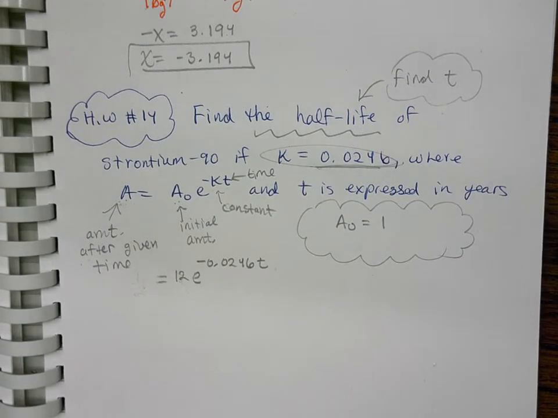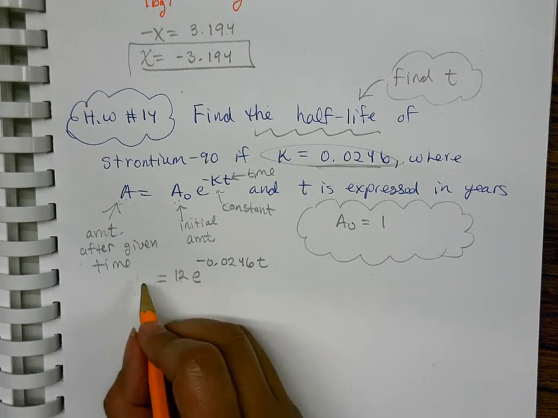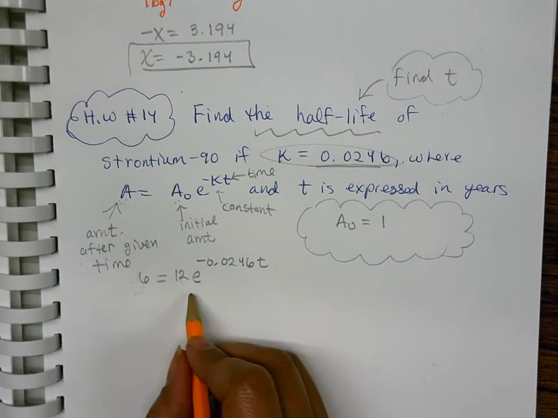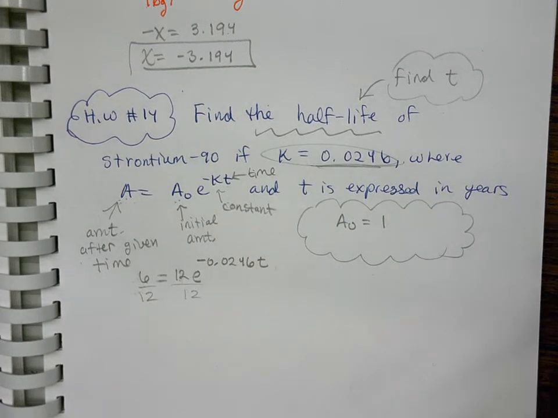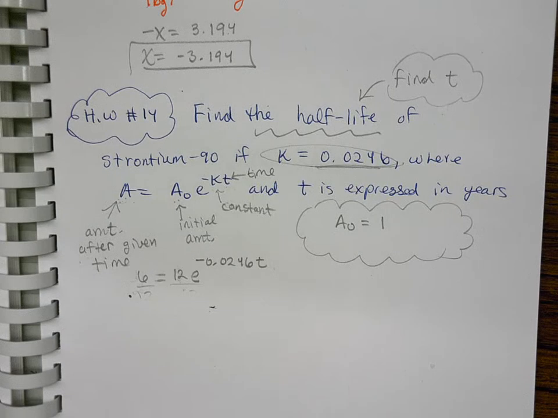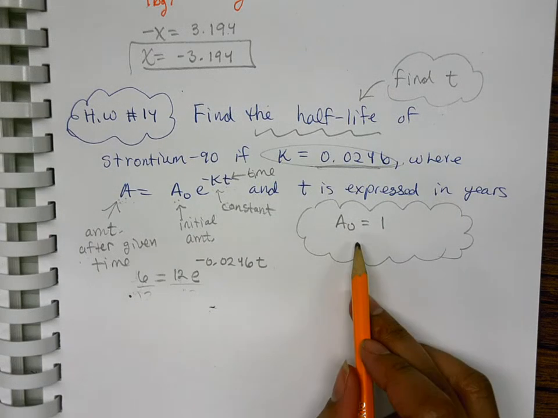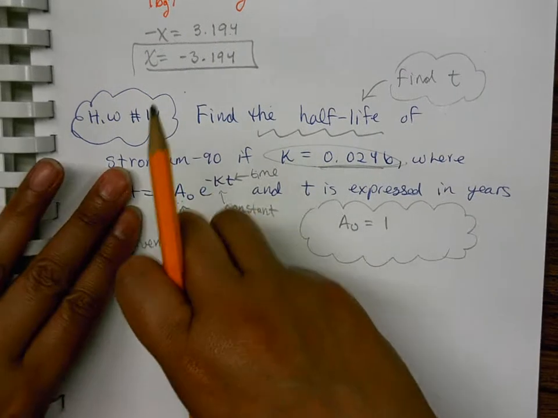I could have picked 12 to start with. What's half of 12? 6. And then when I divide by 12, I get 1/2 anyway. So how you do it is up to you. From here on out, I will always be choosing 1 for my initial amount when they do not give it to me.